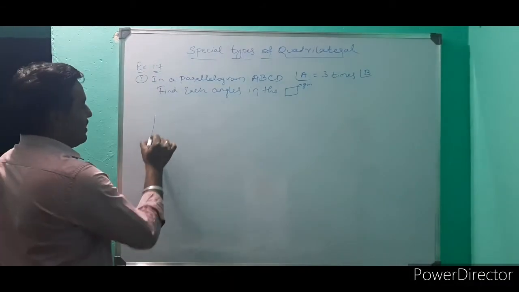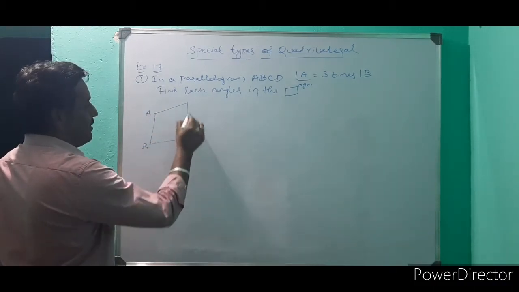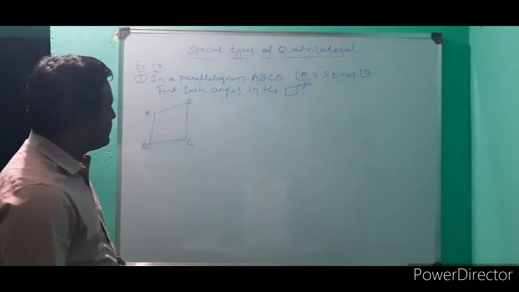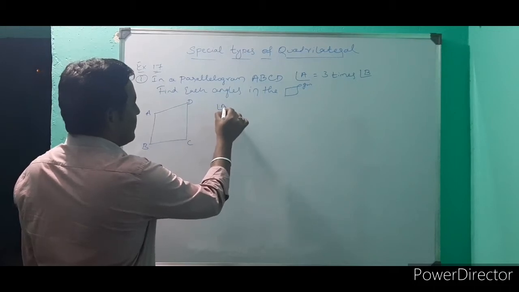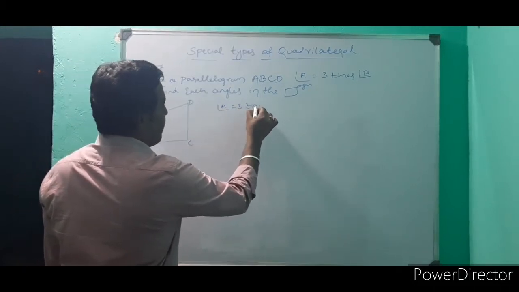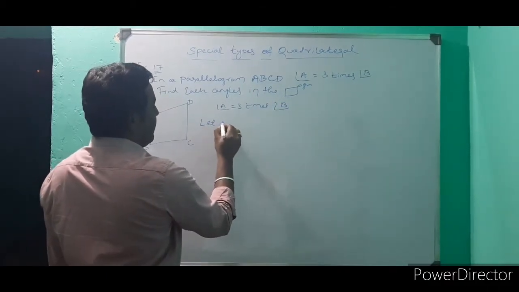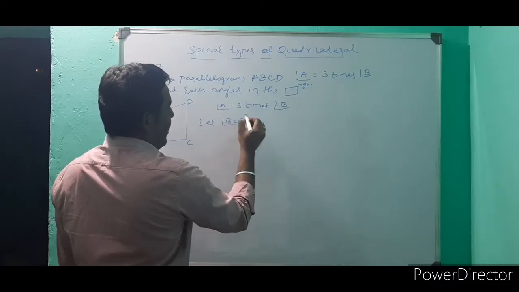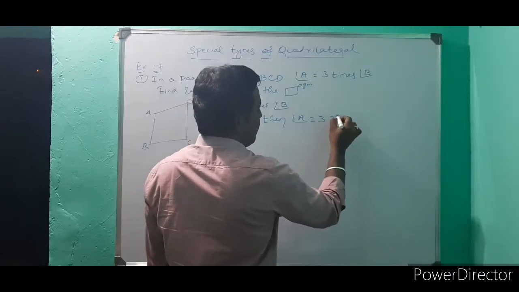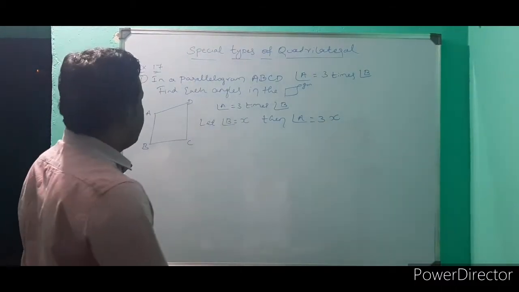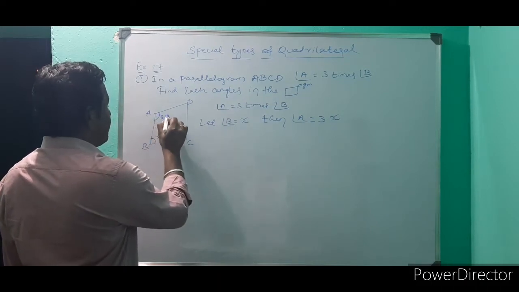So, if I am considering parallelogram ABCD, they are given angle A is equal to 3 times angle B. So let angle B be equal to x, then angle A is equal to 3x.